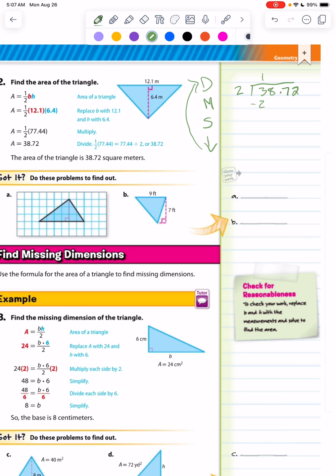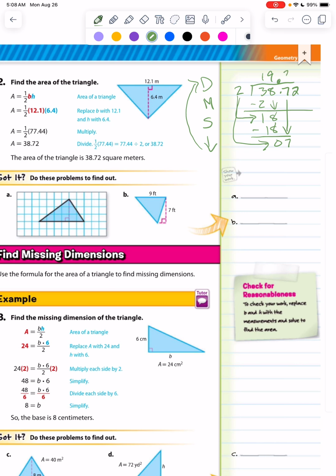1 times 2 is 2. Now I subtract 1. Now I bring down. Now I do the 2 into the 18. 2 times 9 is 18. Then 9 times 2 is 18. Subtract, bring down, 7. Now 2 into 7. Oh, let's not forget our decimal there.